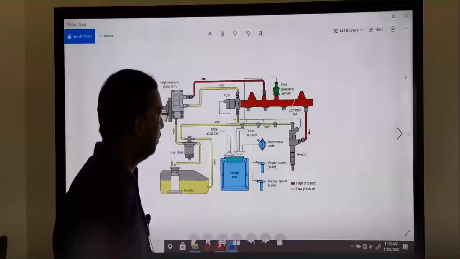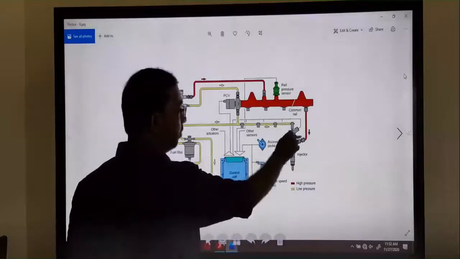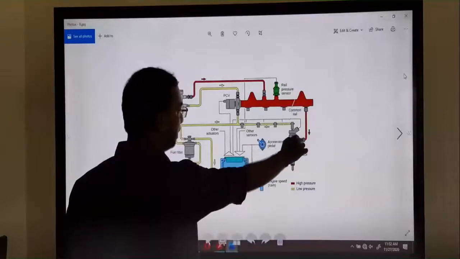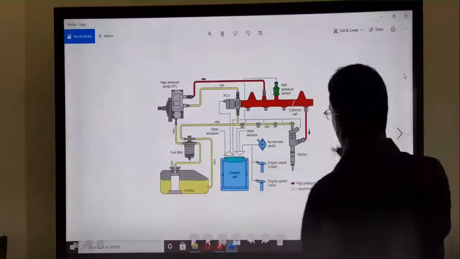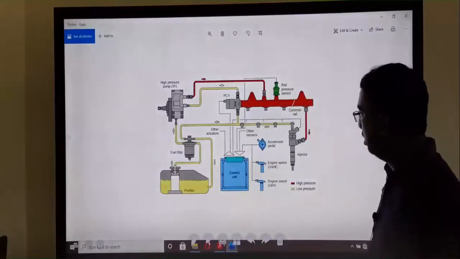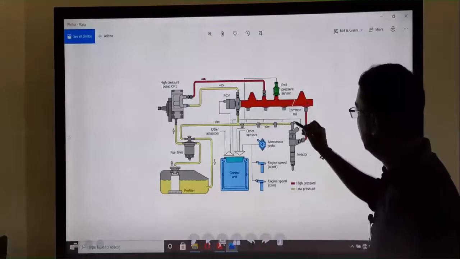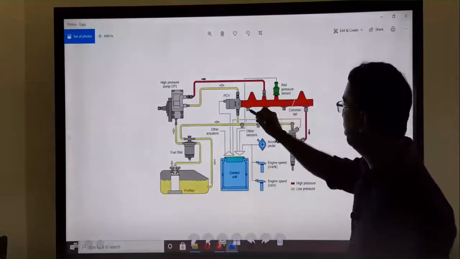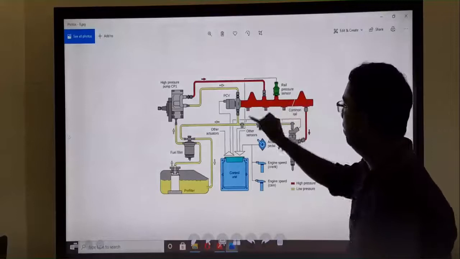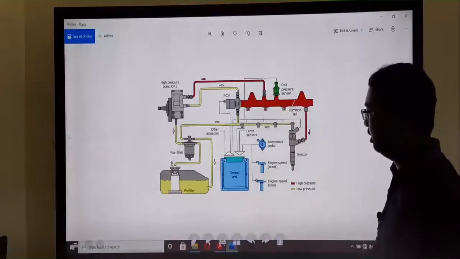This sample is for one injector. The common rail is connected with this injector here, and the fuel is supplied like this.